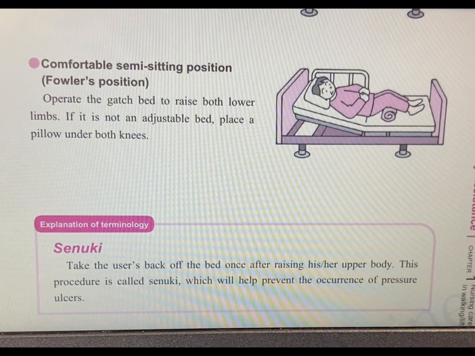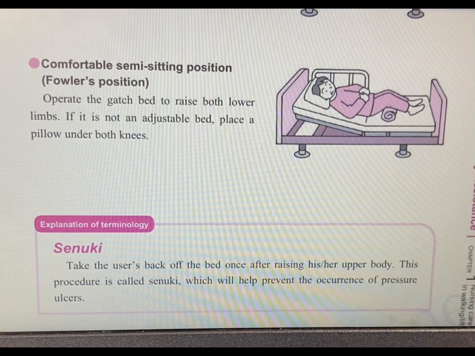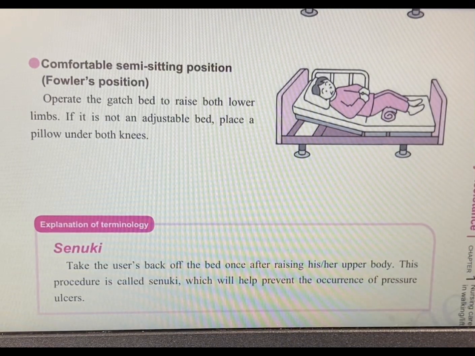Magiging start na yun ng pagpula, redness, and then magwo-worsen siya if hindi natin gagawa ng paraan. So, taking off the pressure, yung senuki.